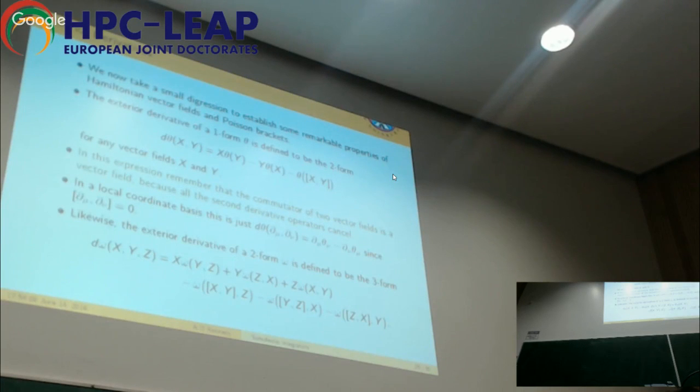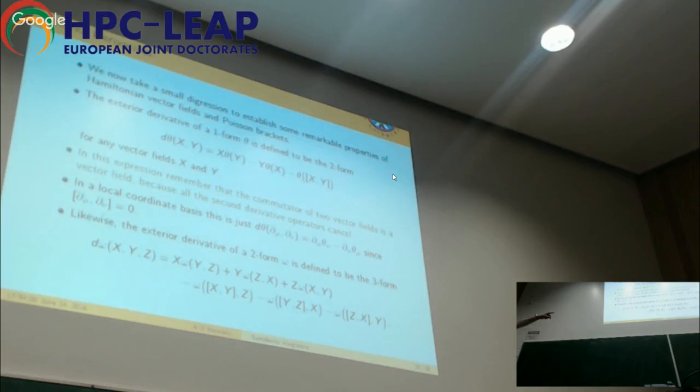You could additionally subtract x applied to omega of z and y and get all six permutations, but since omega is already antisymmetric, we don't need those. We choose the cyclic permutations of the three, and then it's automatically totally antisymmetric.